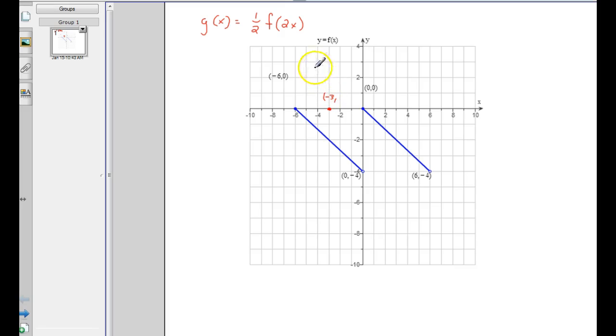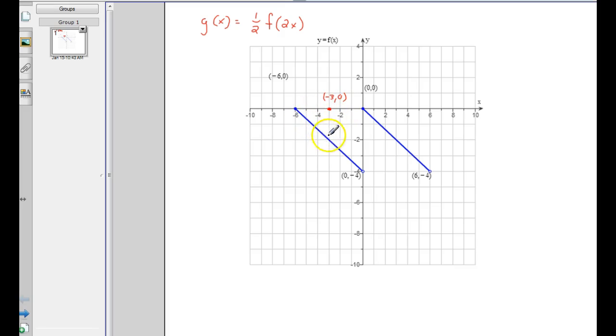If -3 goes in here, it gets doubled, and 2 times -3 gives you -6. And at -6, the y-coordinate is 0. So we're halving the distance because we're doubling it in the parentheses. So that's -3, 0 there.